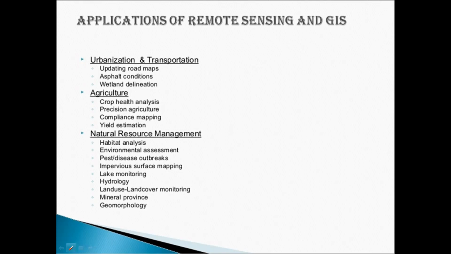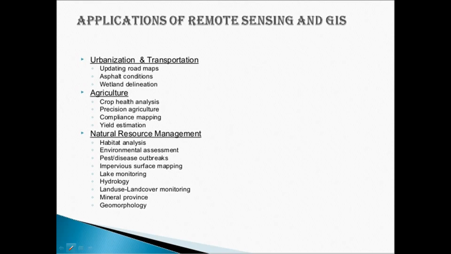Every season, every year, roads are constructed for damaged or accident-damaged roads, and reconstruction of the roads, and new route maps, new alignments will be updated in the road maps and asphalt condition.